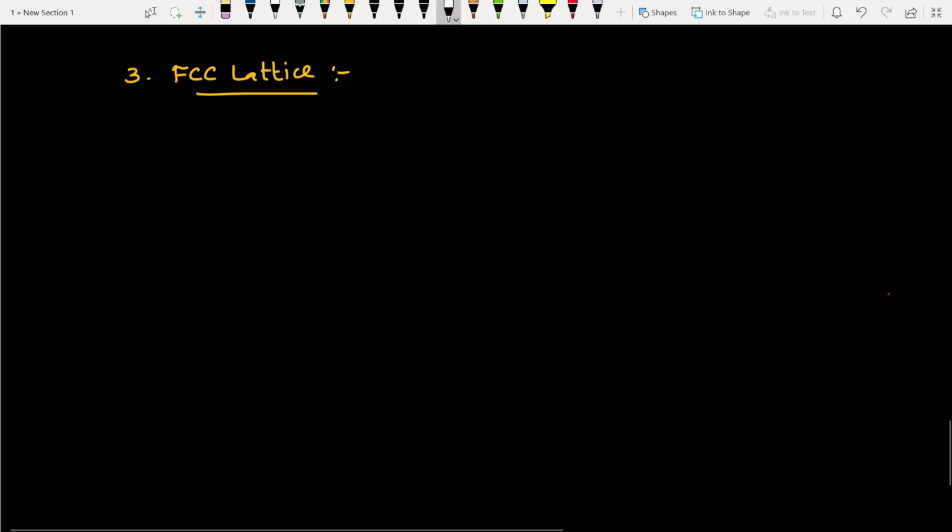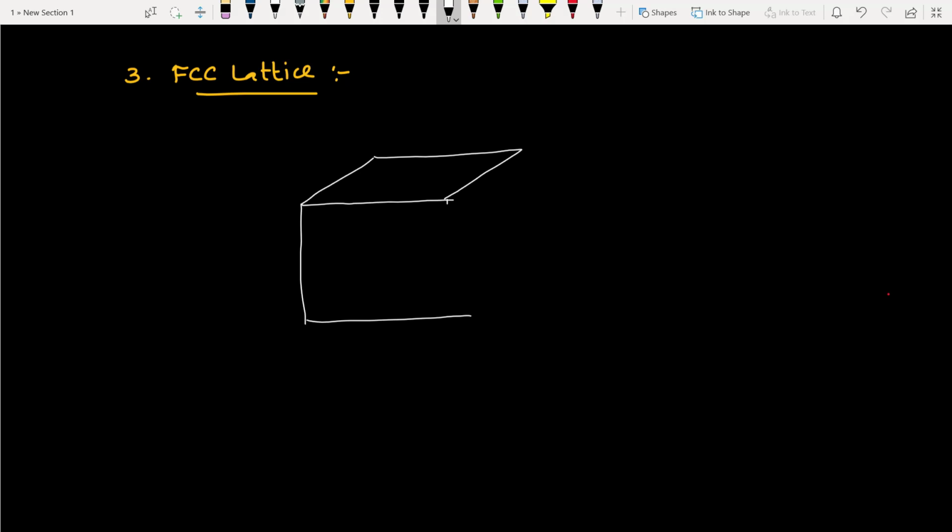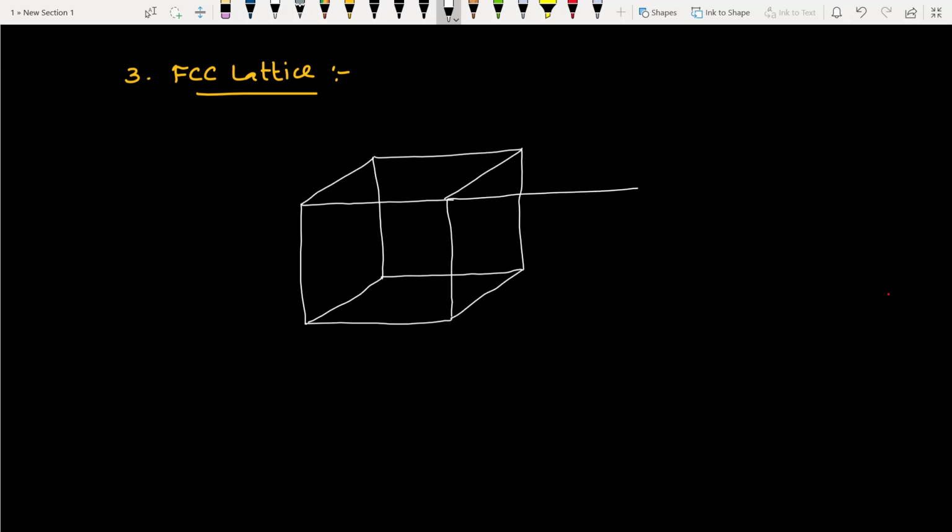So firstly we try to make a cubic arrangement. Then we make another FCC unit cell.